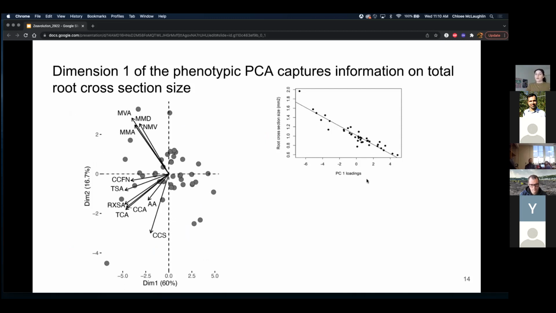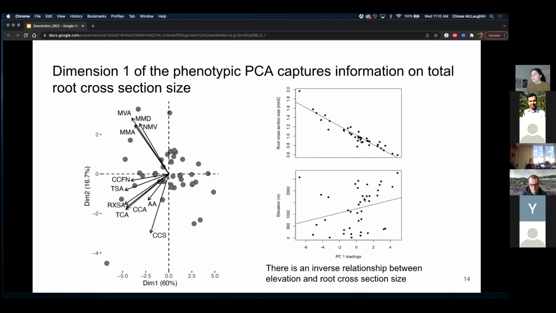When these PC1 loadings extracted for every individual are plotted against cross-section size, we see individuals that are loading negatively on PC1 are larger in cross-section size, whereas individuals loading in the opposite direction are generally smaller in cross-section size.